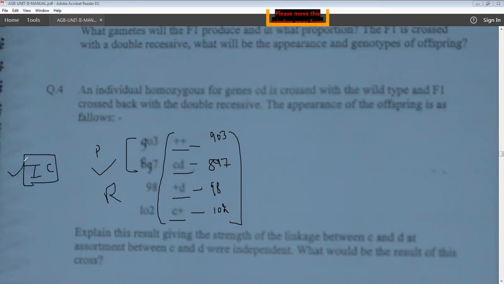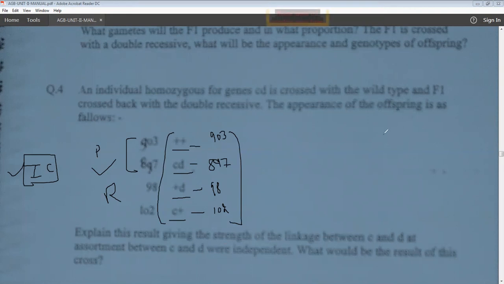Each and every time, first see which kind of linkage is there. You have to write that as the number of recombinants is less, it is a kind of incomplete linkage. Now we'll see what we have to calculate.